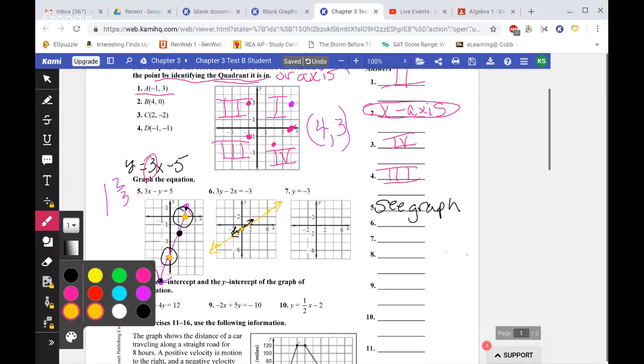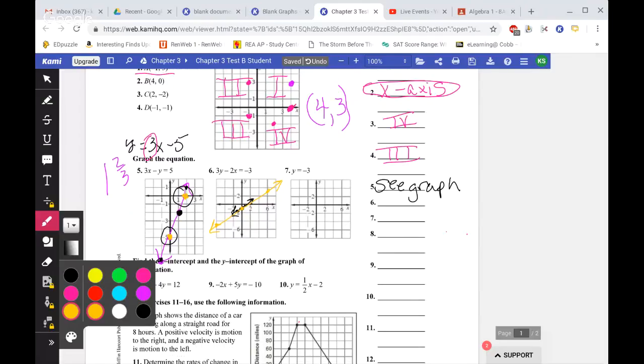Miss Sparks, I have a question. Yes, ma'am? Do I have to be somewhere? And I have a lot of missing work on other sheets. Do you mind telling me which ones they are, and I'll write them down and get to them, and then maybe send you the link and tell you where to begin? Yes, please.